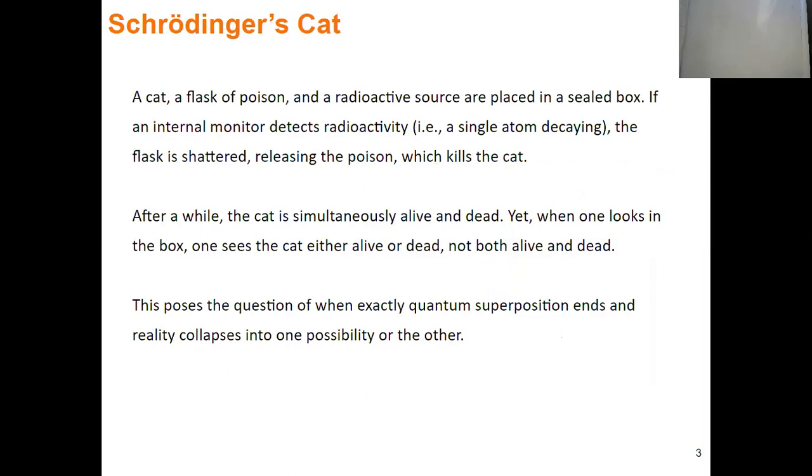So if the little radioactive source in there starts to give off any actual radioactivity, then the monitor attached to the box is going to shatter the flask. The flask will release the poison. The cat will die. Okay?